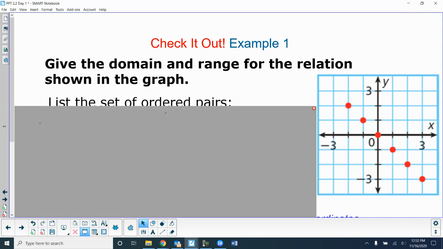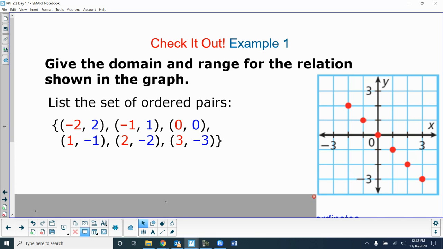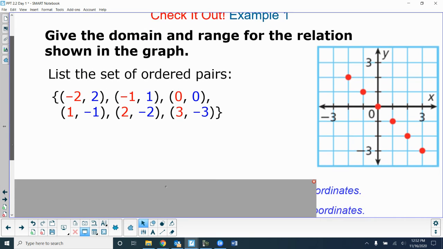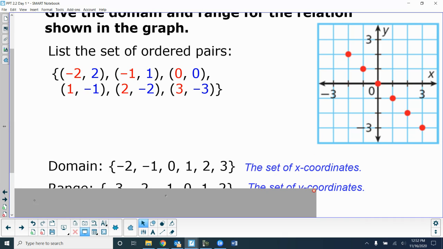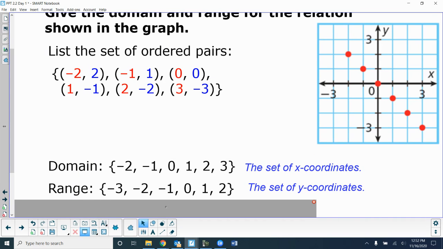Correct. Very good. So what they did is they listed all the ordered pairs, and then they said, well, you don't have to list them. You can look at them and tell me what the x values and the y values are, right? Remember, these are the x values. So right here's the first one, -2, -1, 0, 1, 2, 3. And then the y values are up here this way, 2 down to -3.